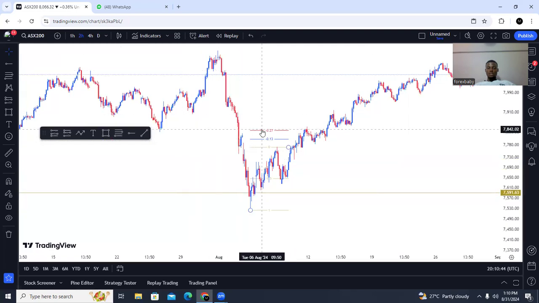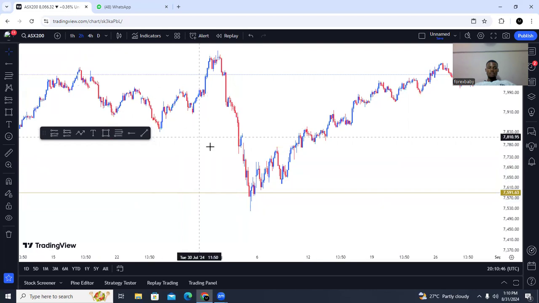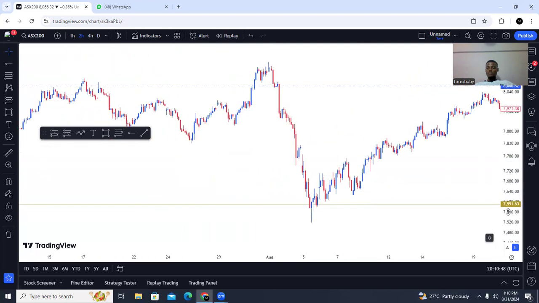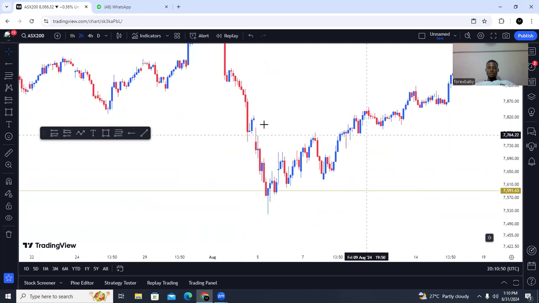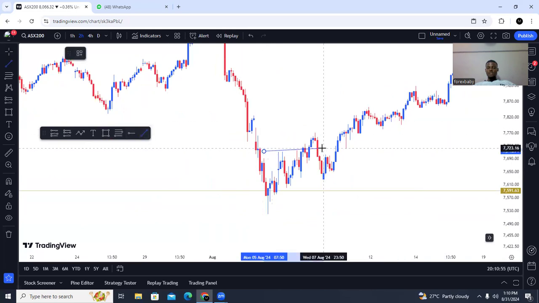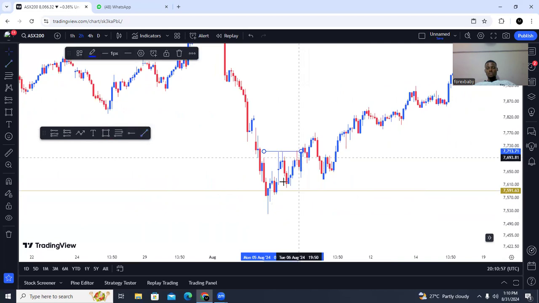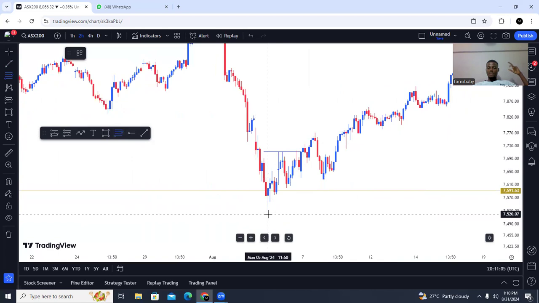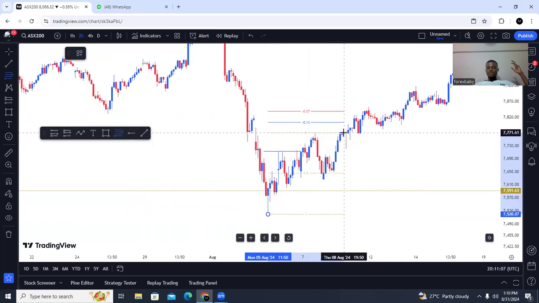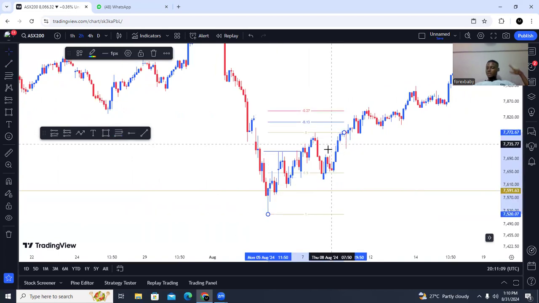So right now, we'll be looking at this place. This is the market structure shift. This is now telling you that this market is going from bearish to buying, right? So I'll now place my fib tool from here to this zone here. That is where I'm interested.